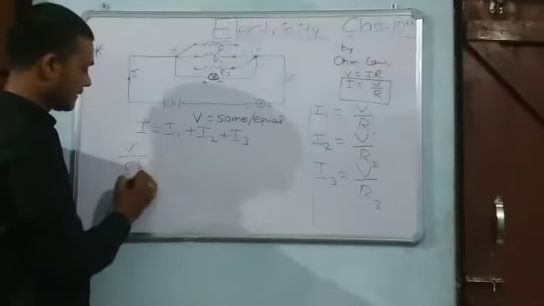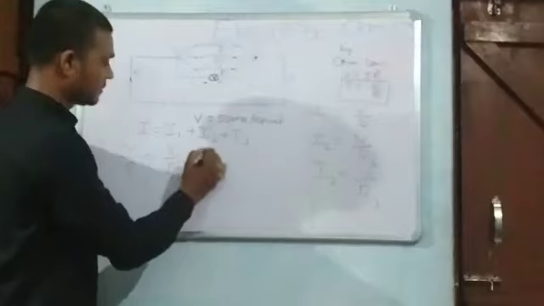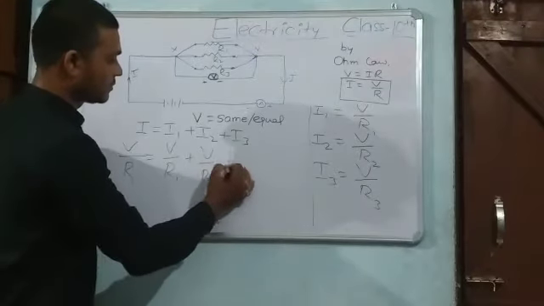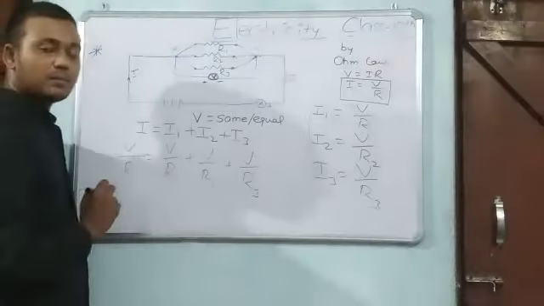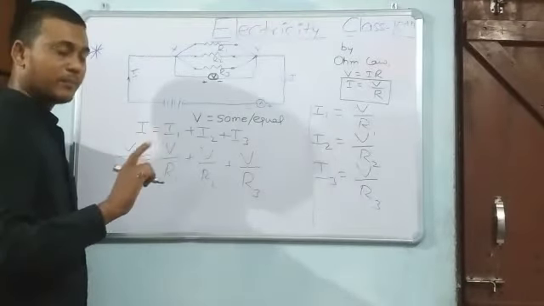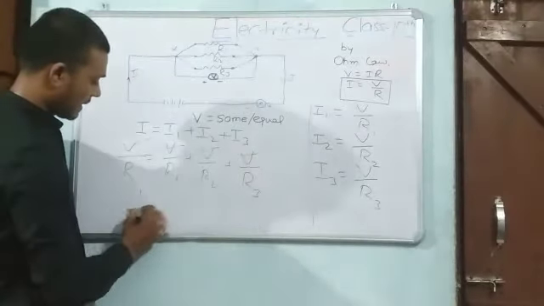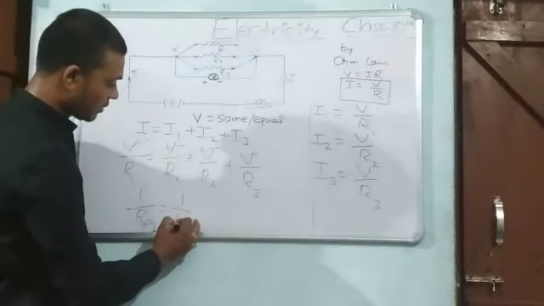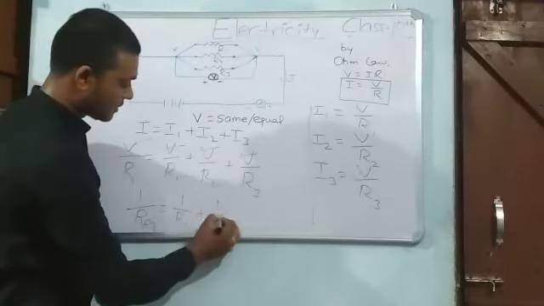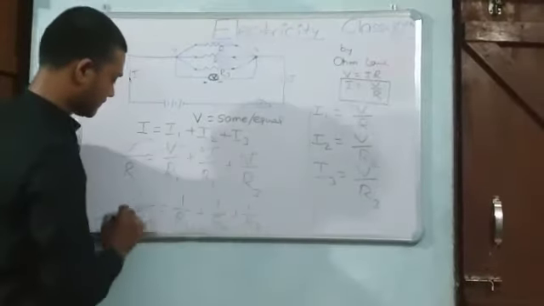So we know I equals V upon R equals V upon R1 plus V upon R2 plus V upon R3. We know that V is the same, so V is cancelled out, and the result is 1 upon R equivalent is equal to 1 upon R1 plus 1 upon R2 plus 1 upon R3.